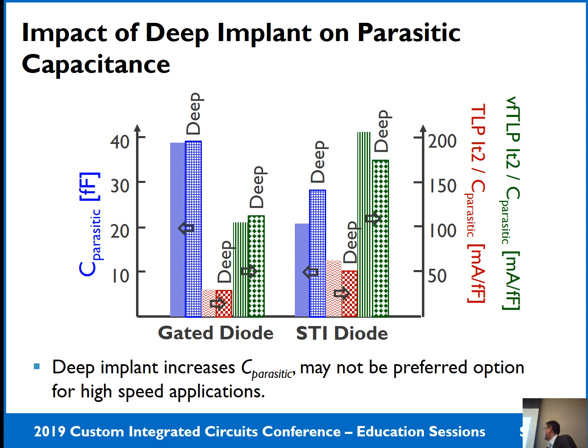With a similar IT2, again the 30% parasitic capacitance increase makes the very fast TLP IT2 per parasitic capacitance also decrease. So this deep implant increases the parasitic capacitance, so it's not a preferred option for high-speed applications.